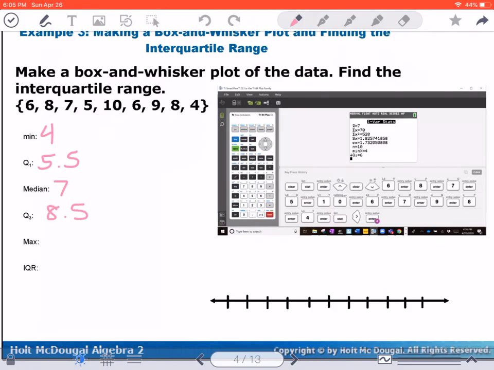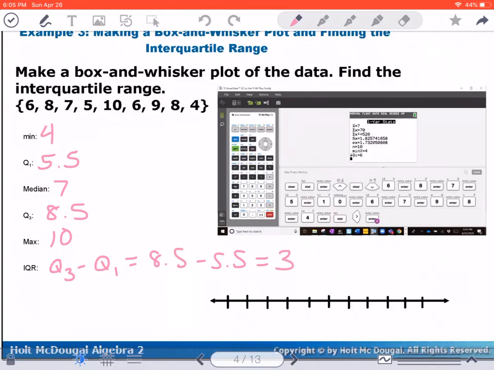My maximum value, once again, arrowing down, is 10. And my IQR, which was my interquartile range, I'm going to find by taking Q3 minus Q1. Okay, Q3 minus Q1. So Q3 is 8.5 minus Q1 is 5.5, which yields 3.